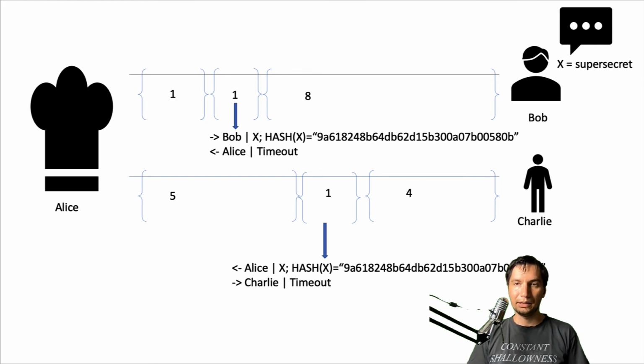And if a secret is known, and this secret has this property that the hash of the secret using a hash function hashes to, in this case, 986182 blah, blah, blah, then the payment goes through.